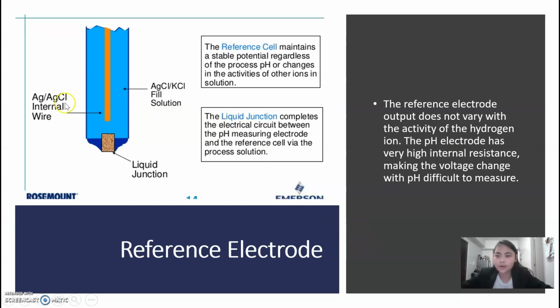In the figure, we have the Ag/AgCl internal wire, AgCl or KCl fill solution, and liquid junction. The reference cell maintains a stable potential regardless of the process pH or changes in the activity of other ions in solution. The liquid junction completes the electrical circuit between the pH measuring electrode and the reference cell via the process solution.